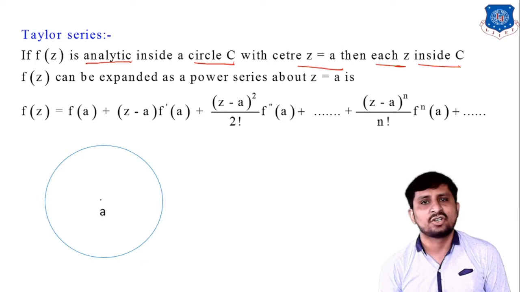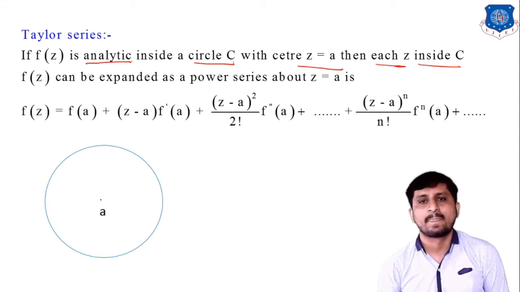We already solved some very good examples. We expanded f of z is equal to e raised to z in a Taylor series. After that, 1 upon z plus 2 about z is equal to 1. So the region is very important when you express any function f of z in a Taylor series. Then we solved f of z is equal to 1 upon 1 plus z, which can be expressed as 1 minus z plus z square minus z cube plus z raised to 4 and so on, but the condition is mod z less than 1.